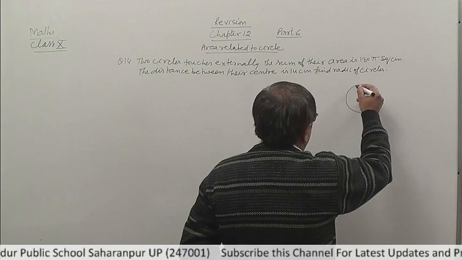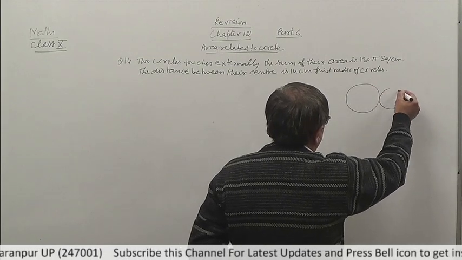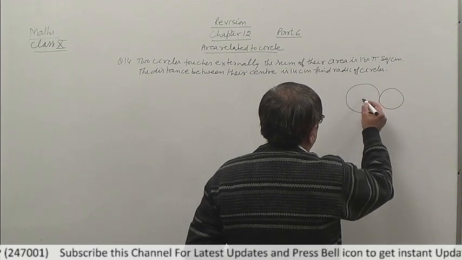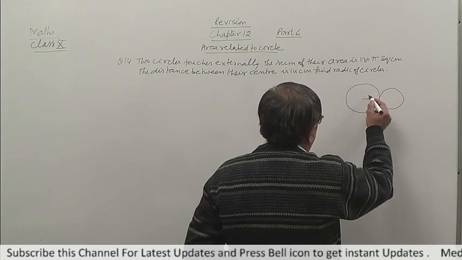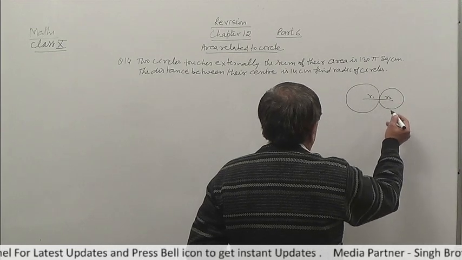These are the two circles which touch externally. The radius of the first circle is R1 and the second circle is R2.